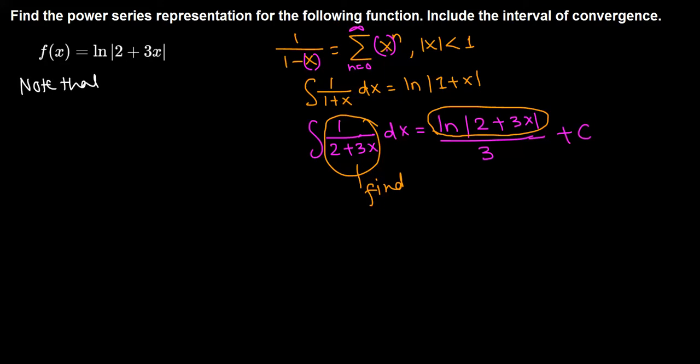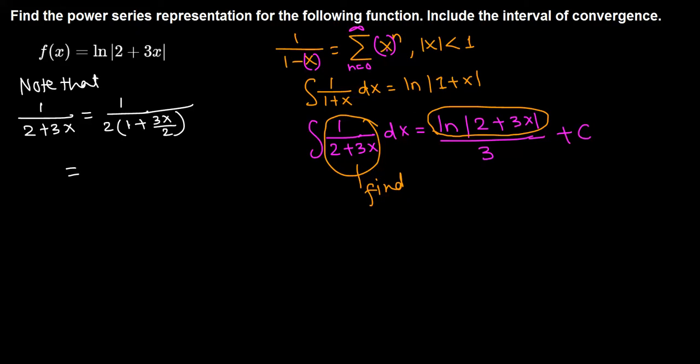Note that 1 over 2 plus 3x is the same as 1 over, because we need 1 but we have 2, so we can factor 2 out from these two terms. So 1 plus, there is no 2 but we factor 2 anyway, so we need to divide by 2, 3x over 2. You can check: if you distribute 2 inside, 2 times 1 is 2, plus 2 times 3x over 2, the 2s cancel, so this is good.